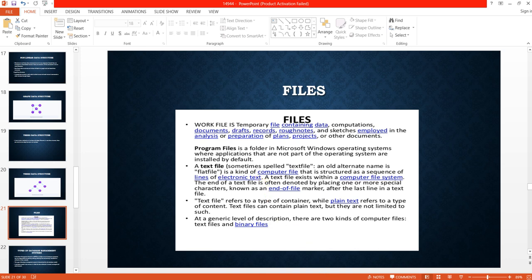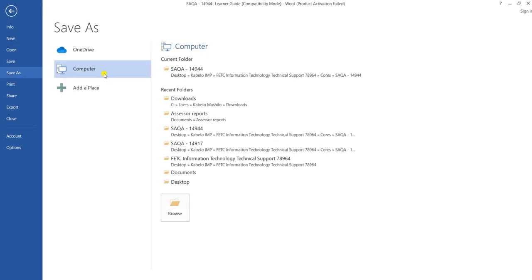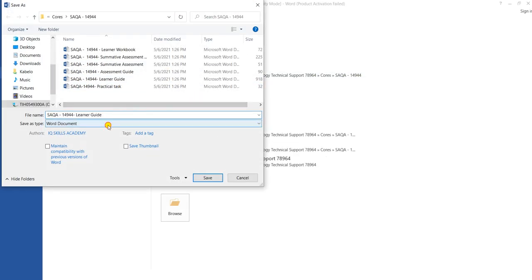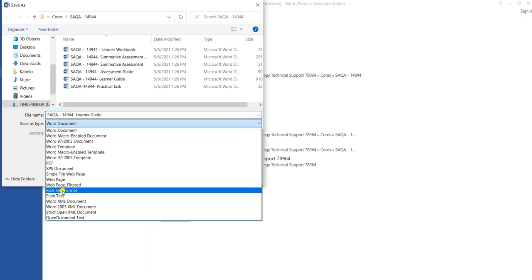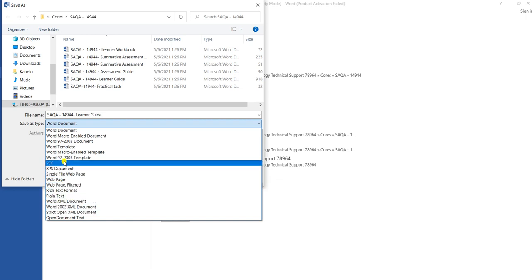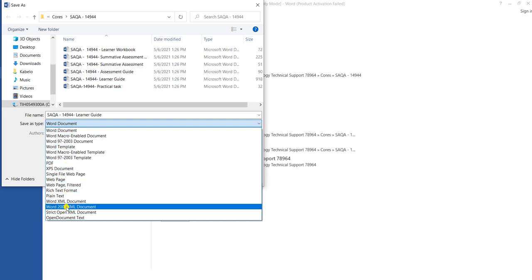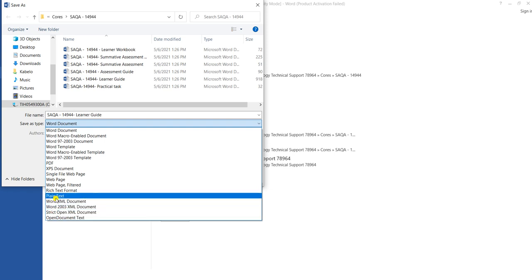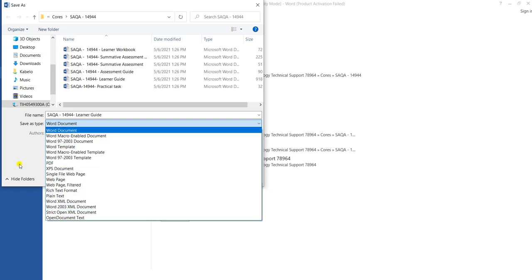If you can go to your Word document, go to File, Save As, any folder, these are what Microsoft has in terms of saving your document in these kinds of files. So we've got your plain text, your PDF. In terms of the file format, it's different compared to your Word document. So these are different types of files that you find within Microsoft Word.